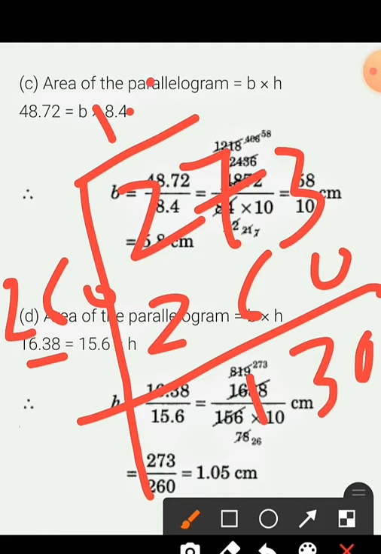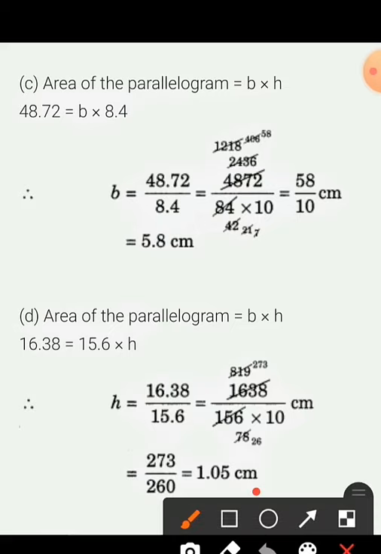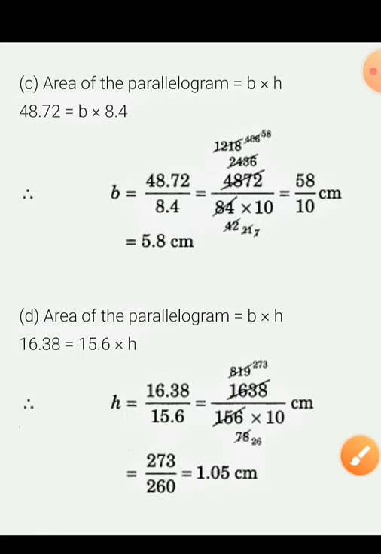So again we have to keep one more 0 and take one more 0 here. So it will become 1300. Then you will take 5. So this way you need to divide it by the long division method, and after dividing the answer will be 1.05 centimeter. So this will be your height. So this was question number 3 of exercise 11.2. Hope you understood.